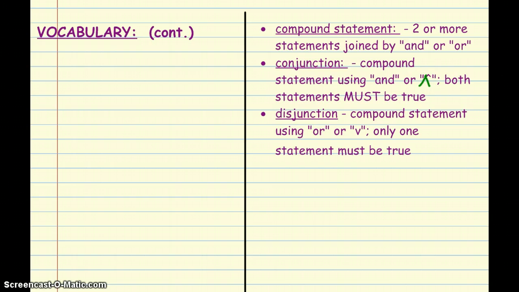Both statements must be true in order for a conjunction to be true, because you're using the word and. A disjunction is a compound statement using the word or, and you might see this V symbol. In this case, only one of them has to be true because we're using the or. So the big thing to remember: conjunction, both must be true. Disjunction, only one has to be true.